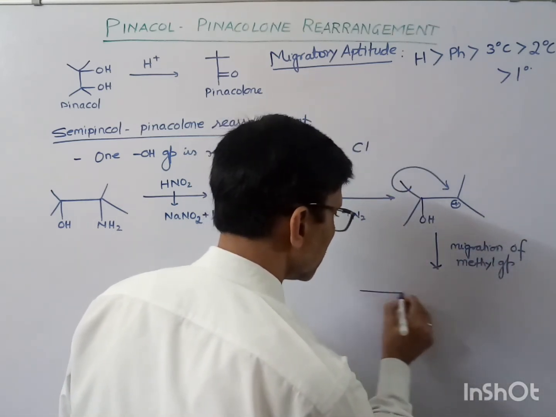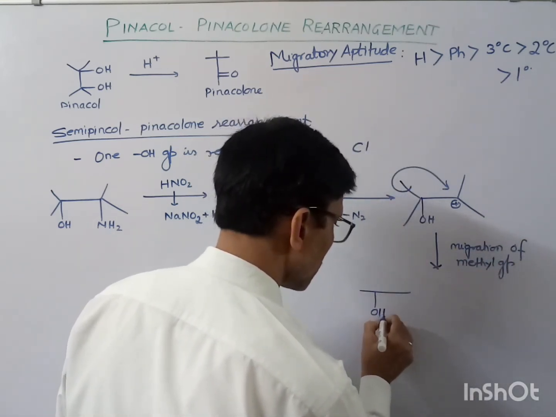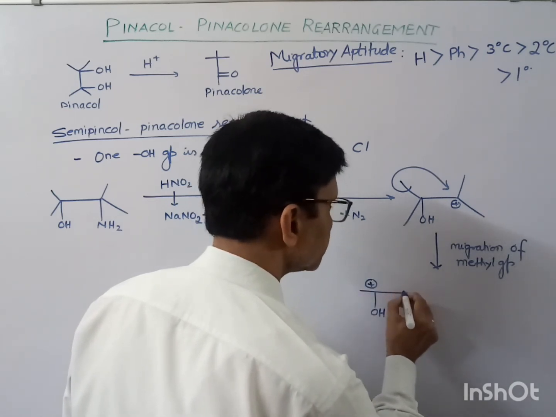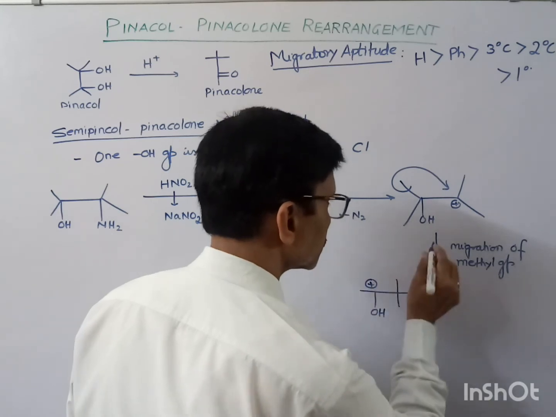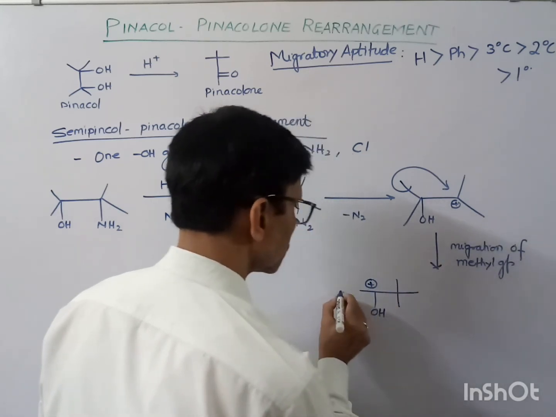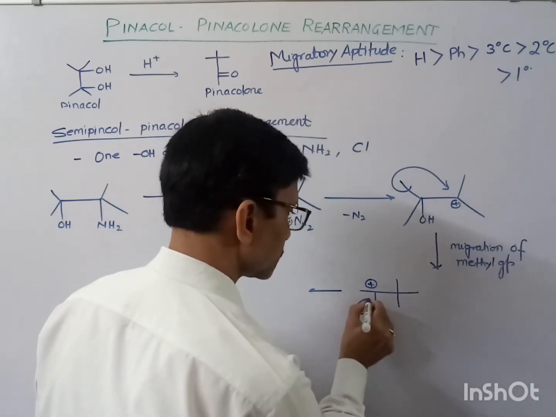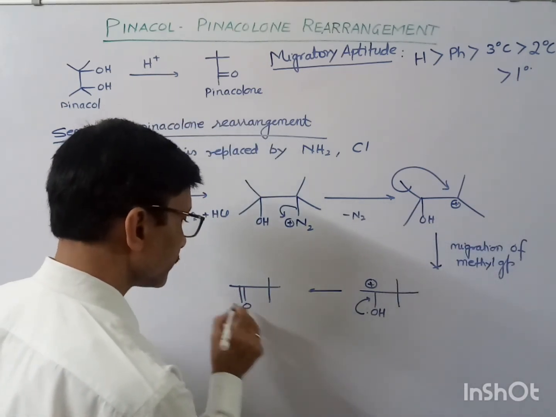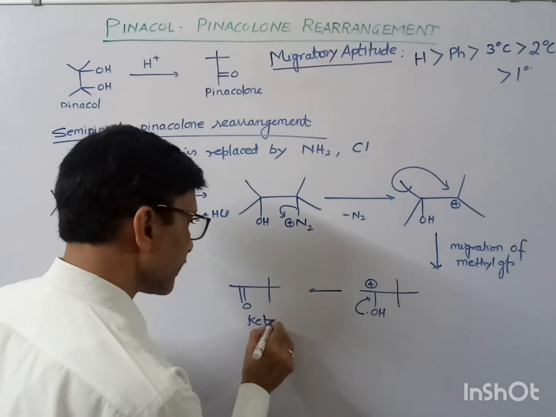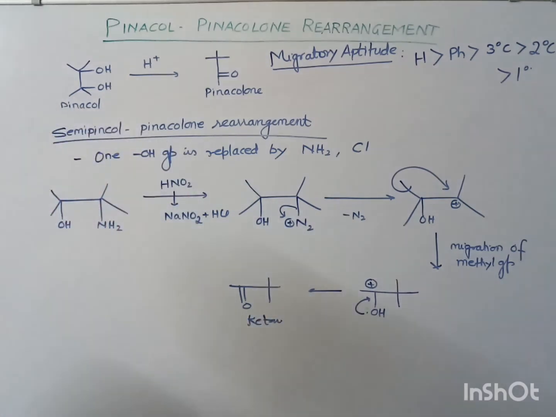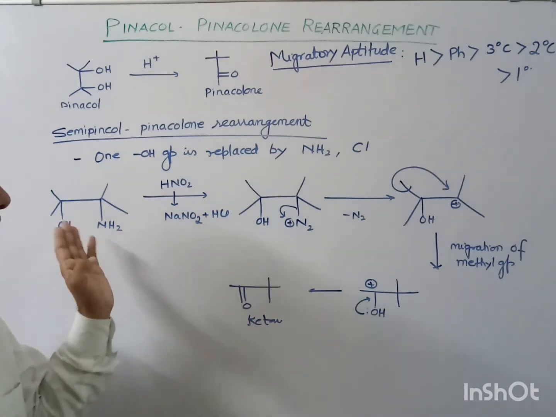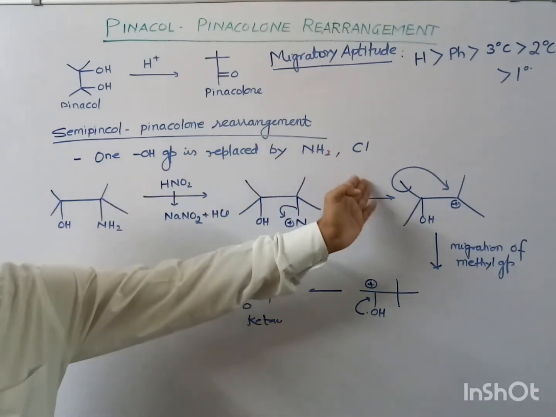We have a positive charge over here, and so finally this ketone is formed. So like this. So this is called the semi-Pinacol-Pinacolone rearrangement, where one of these OH groups is being replaced by either NH2 or Cl.